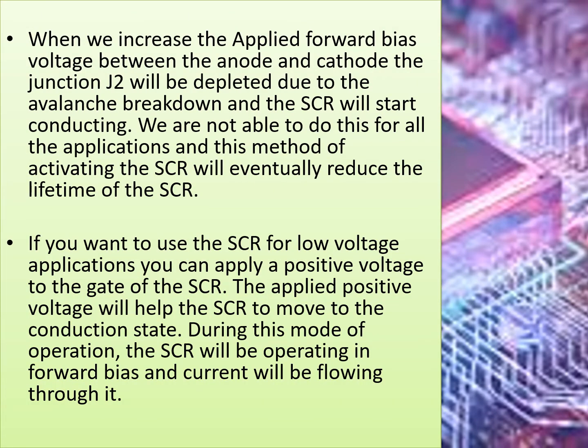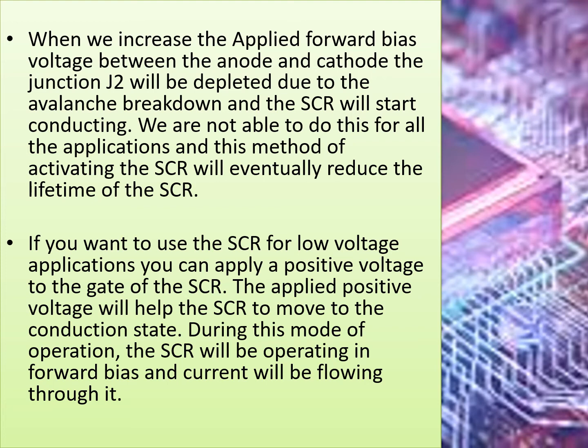When we increase the applied forward bias voltage between the anode and cathode, the junction J2 will be depleted due to the avalanche breakdown and the SCR will start conducting. We are not able to do this for all the applications, and this method of activating the SCR will eventually reduce the lifetime of the SCR.